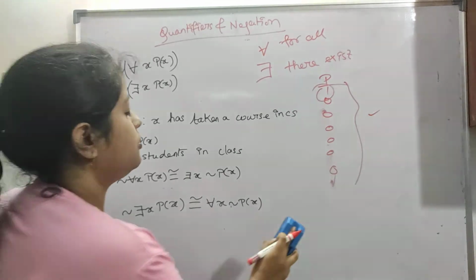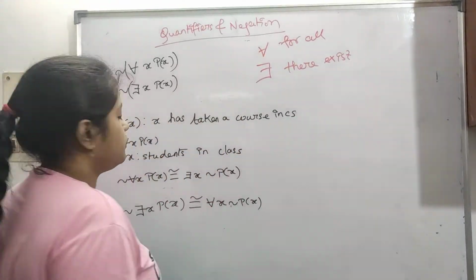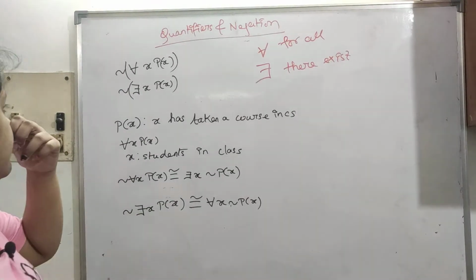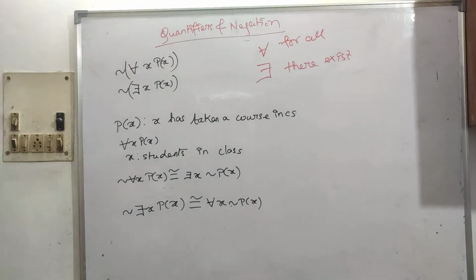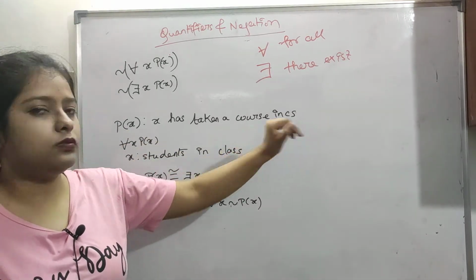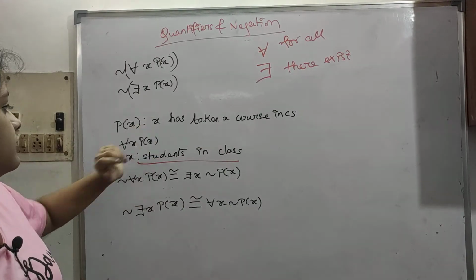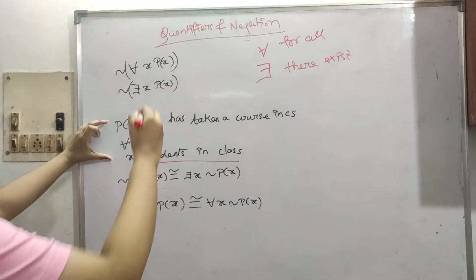So now let's move on to negation, how it is used and everything. Let's say this is our premise px. Let's say px means x has taken a course in CS, and x means students in the class. I am just telling you what px is.